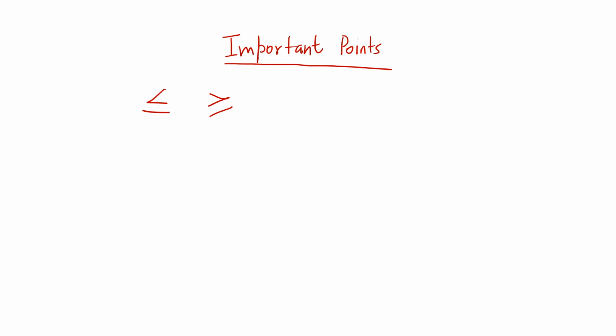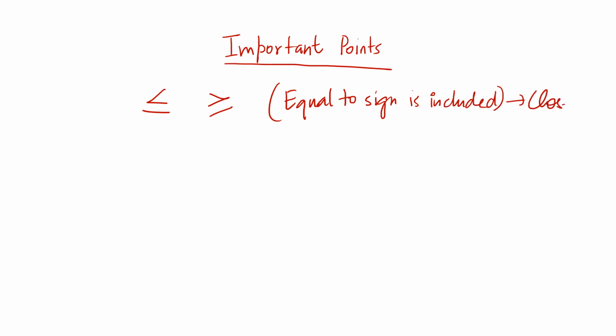Now a few important points that I want you to remember when we are graphing the inequalities and multi-step inequalities are the following. If you have less than or equal to or greater than or equal to, meaning your equal to sign is included, then there will be a closed dot in the graph.